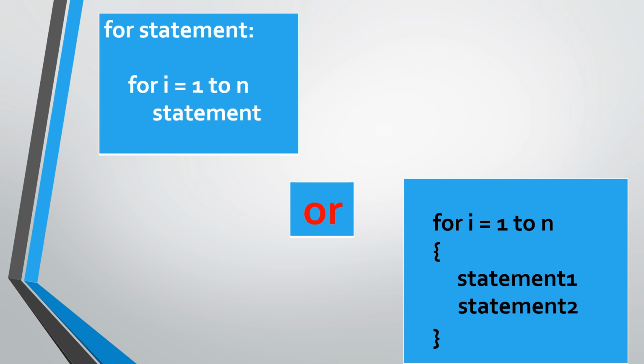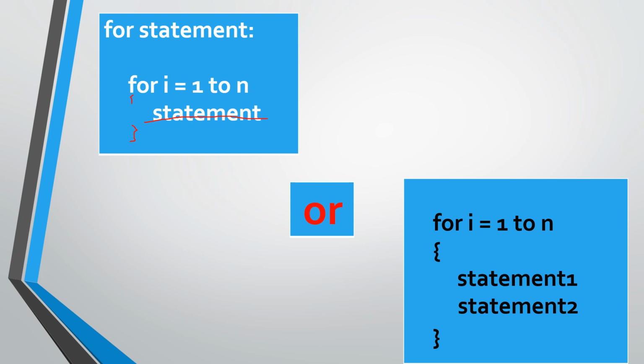Next, for the for loop, katulad nung kanina, di ba? If we're going to have only one statement under the for loop, it's okay not to include the open and close curly braces before and after the statement. Again, if and only if you have only one statement.